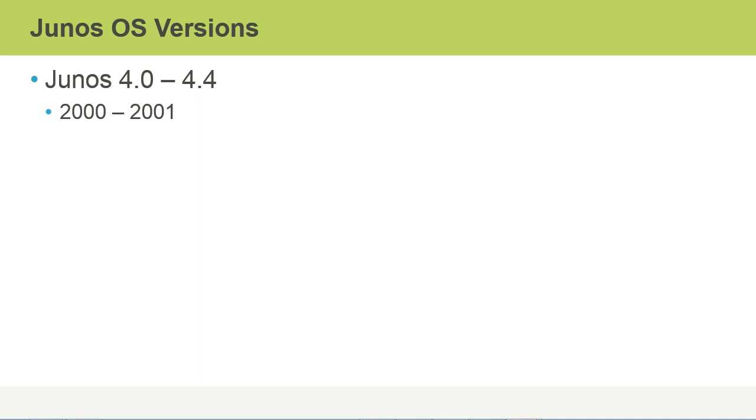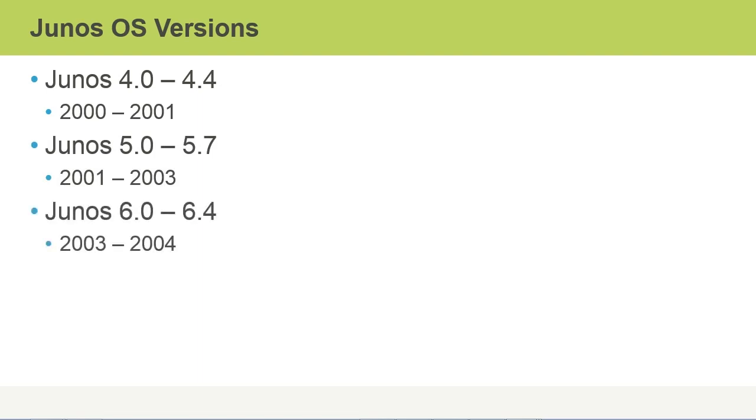Junos OS versions 4.0 up to 4.4 were from 2000 to 2001. Then in 2001 to 2003, we had Junos 5.0 to 5.7. Then from 2003 to 2004, we had the Junos 6.0 to 6.4 versions. And then in 2004 to 2006, we progressed to Junos OS 7.0 through 7.6.